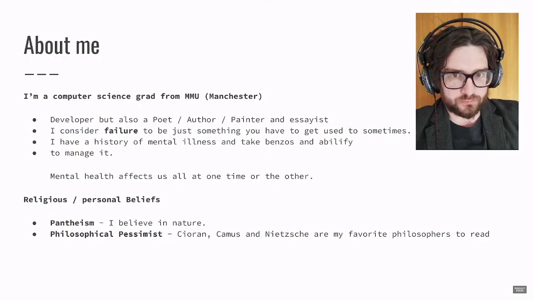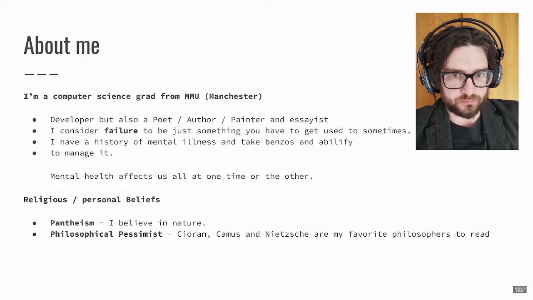So a little bit about me. I'm a computer science graduate from the Manchester Metropolitan University. I got what's commonly known as a drinker's degree, which is a third-class degree. But I don't really think it matters that much, to be honest. If you've got passion for coding, you'll do it. I'm a developer, but I also have an interest in poetry.